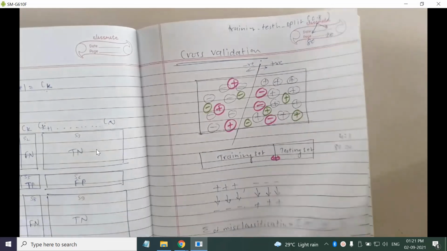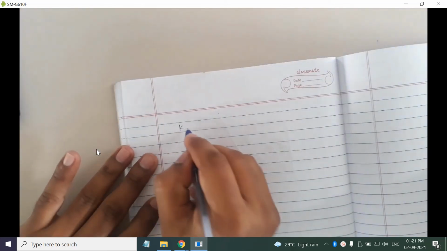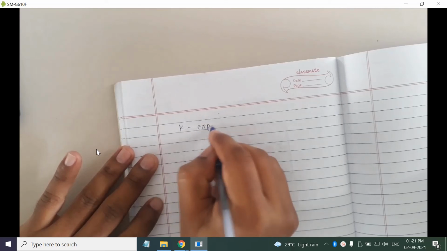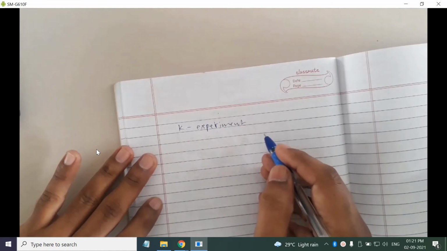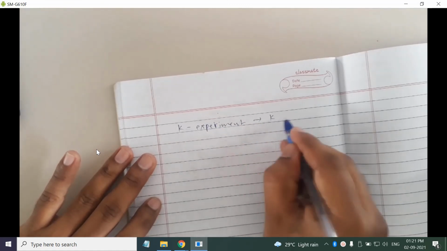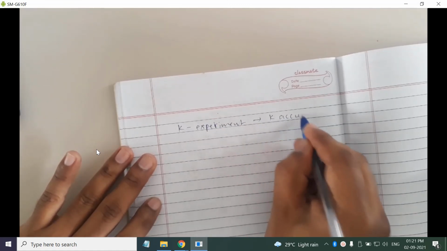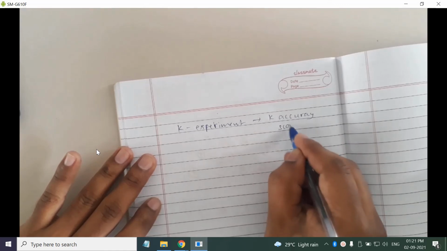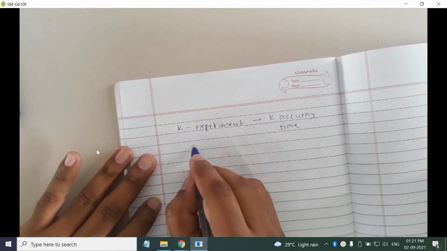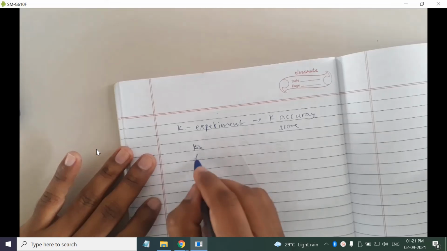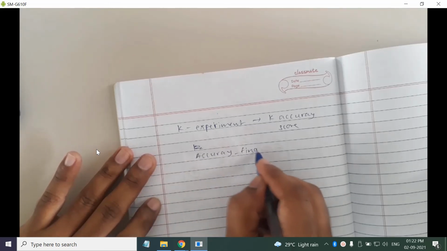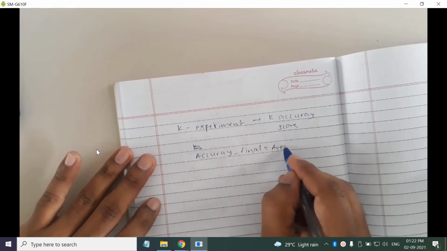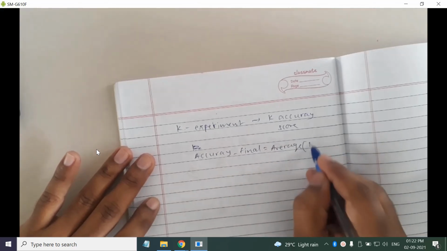So what we do is perform k experiments, and then get k accuracy scores, and our final accuracy would be the average of these k scores.